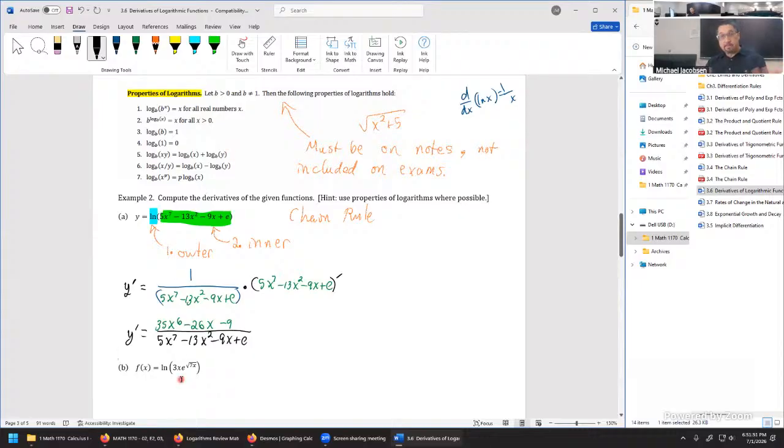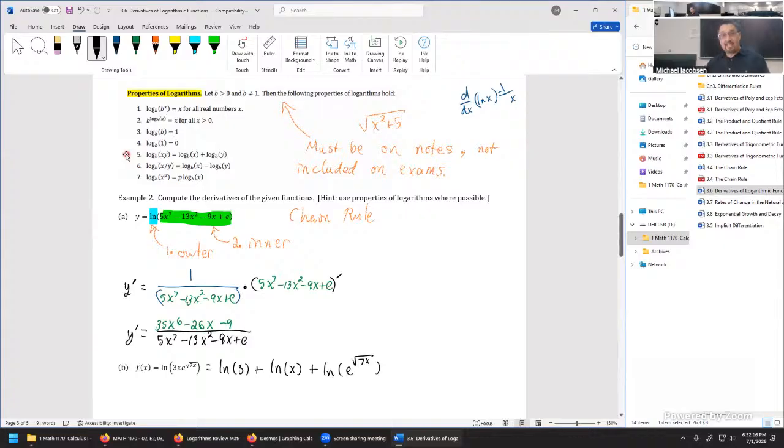So if things are just being multiplied together, you can rewrite this as natural log 3, there's the first factor, plus the natural log x, second factor, plus the natural log of e to the power root 7x, that whole entire third factor. So that's just property number 5 working really hard for us.